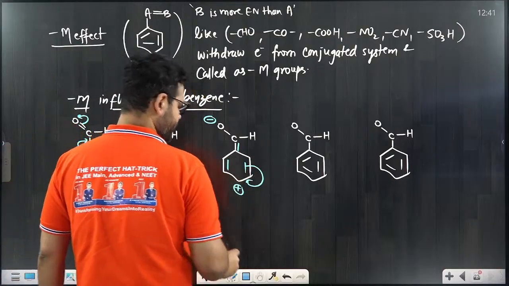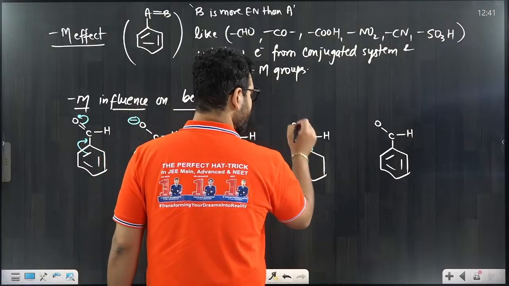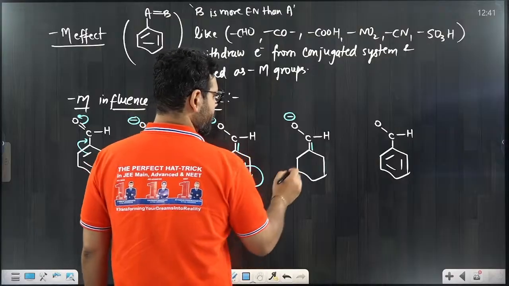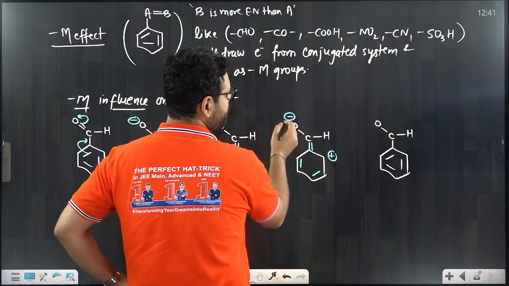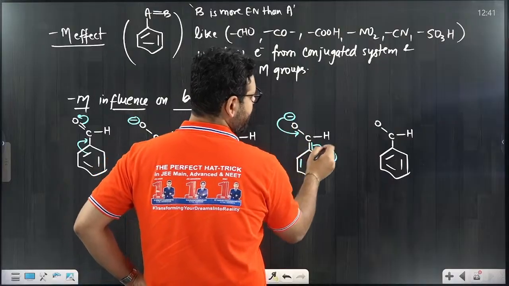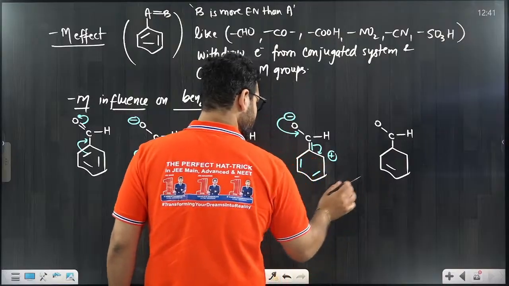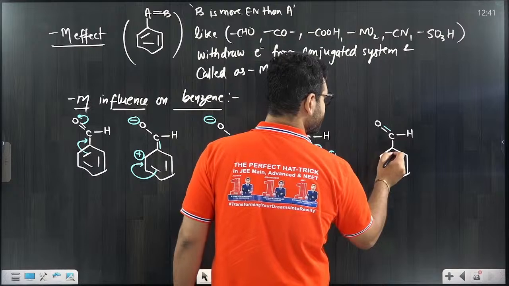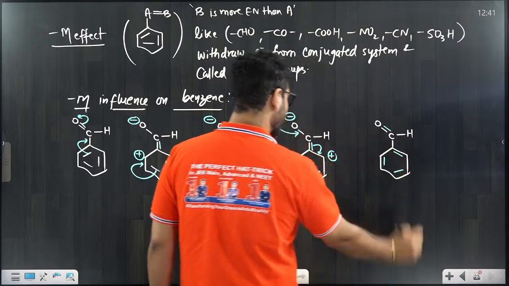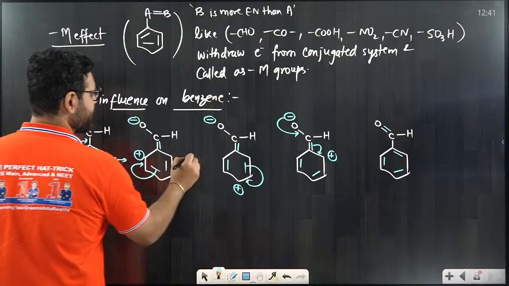Pi becomes pi. We get a plus charge here. Then this plus and this pi. So minus becomes pi, pi becomes pi. We'll go back to the original structure and it will start looking like this, with all the bonds rotated. These are the 5 resonating structures of benzaldehyde.